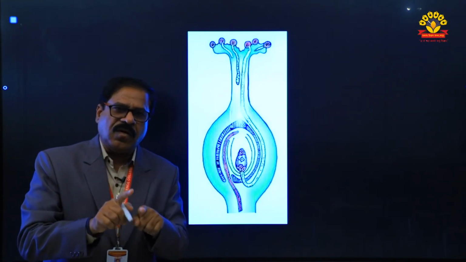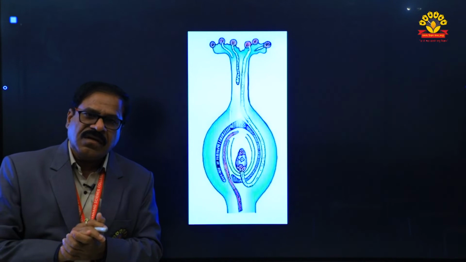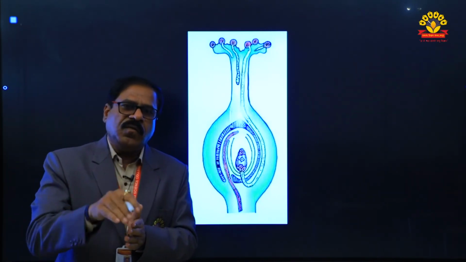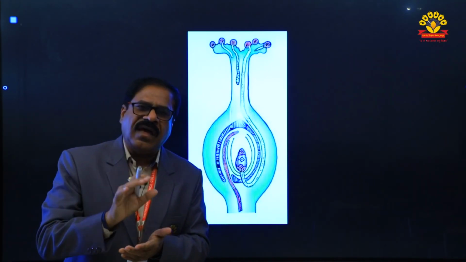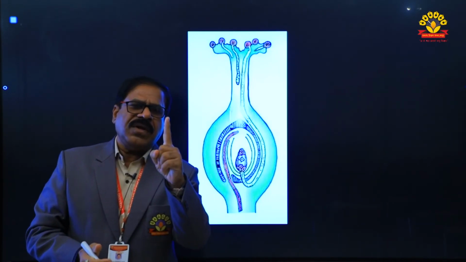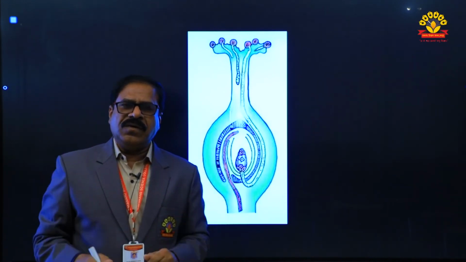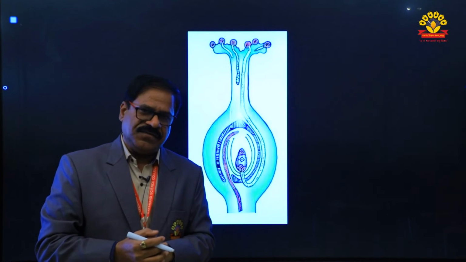This process, this phenomenon, is known as syngamy. What is syngamy? Fusion of haploid male gamete with haploid female gamete. It is known as syngamy, where the first male gamete is used in the act of fertilization, therefore it is also known as first fertilization.